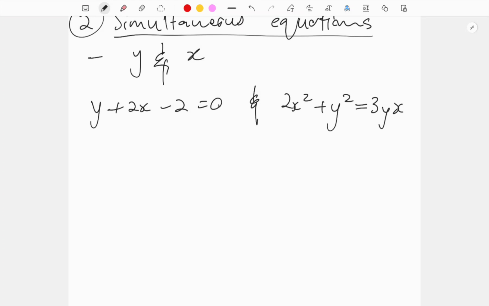So we'll be given this. They will say solve for x; they won't even tell you to use simultaneous methods. When you have two equations with mixed variables, it must click in your mind that this is a simultaneous equation.